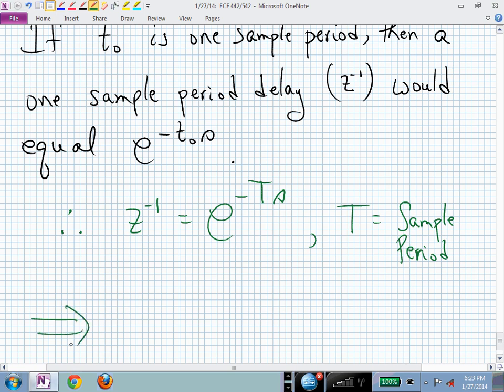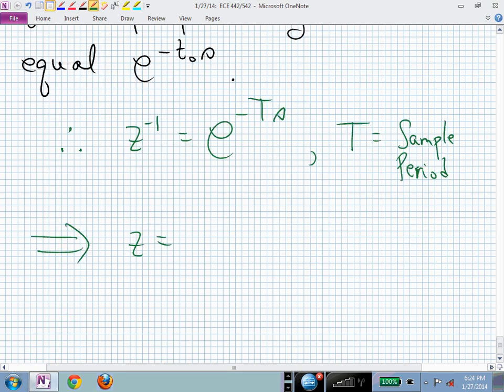Well, we've got some negative exponents. Let's get rid of that on both sides, right? We could just put that 1 over z is equal to 1 over e to the Ts. Well, the numerators are equal. Those are just 1s. So the denominators must be equal, meaning that z as a complex number or variable is e to the Ts, and s was a complex number.